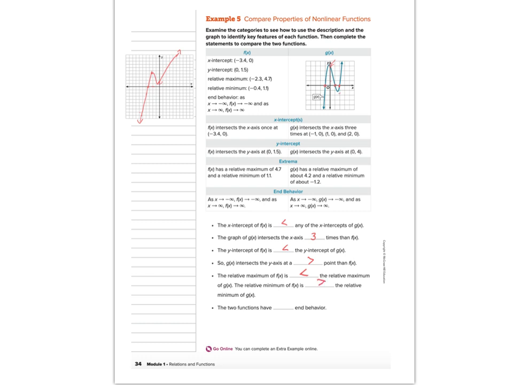And then the two functions have blank end behavior. They have the same end behavior, right? So that's it. Thus, just being able to look at our functions, using our definitions, and examining what's going on, and sometimes putting it in context. Carrying forward, this is how we start to apply our knowledge and understanding into these algebraic functions in real-world situations.